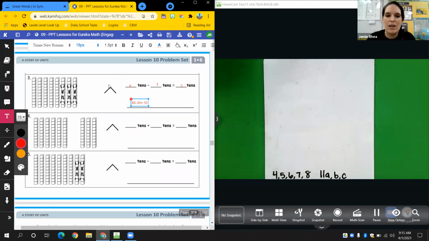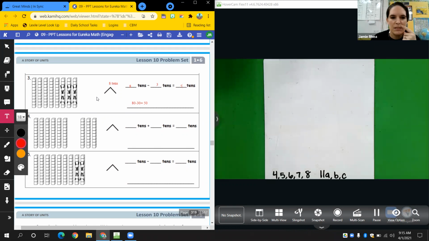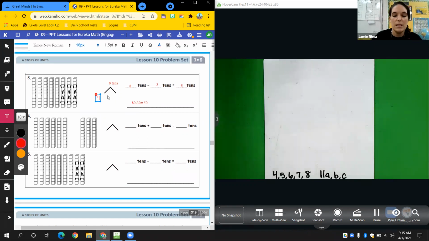Okay, so now I need to come up here and fill in. I know that this is going to be 8 tens. This one is going to be 3 tens. And if I come over here, this one is going to be 5 tens.